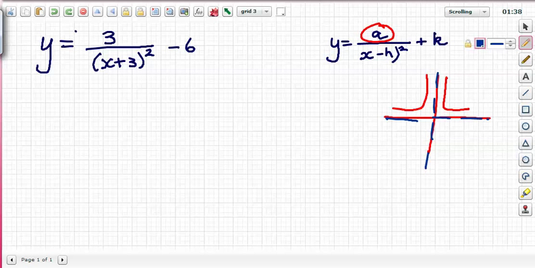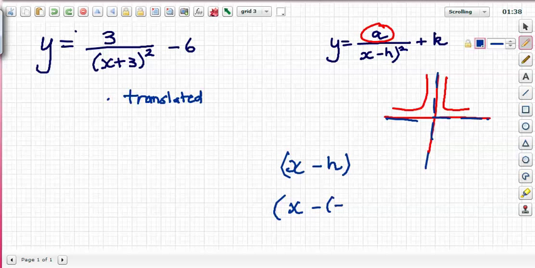So what's happened? Our graph has been translated. Now remember it's x minus h. x minus h is our standard form, yeah? Well, isn't x plus 3 the same as x minus negative 3? It is, isn't it?